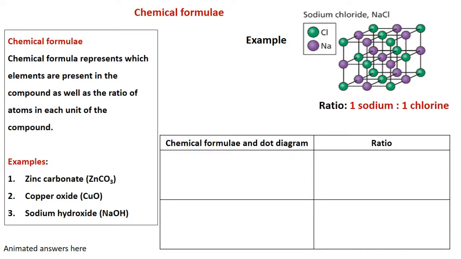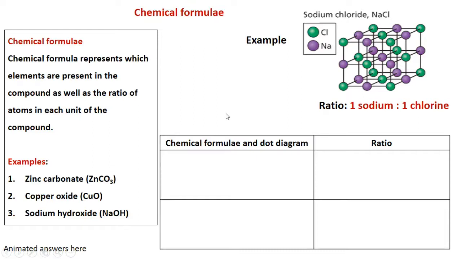Let's look at the example I've put on the right hand side. Sodium chloride. There's 1 sodium, there's 1 chlorine. So the ratio is 1 sodium to 1 chlorine atom.